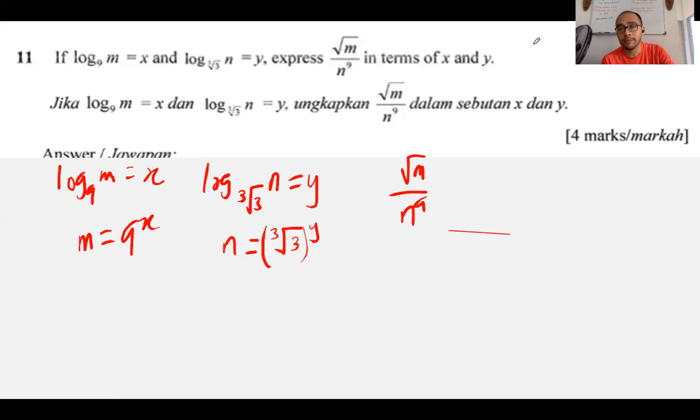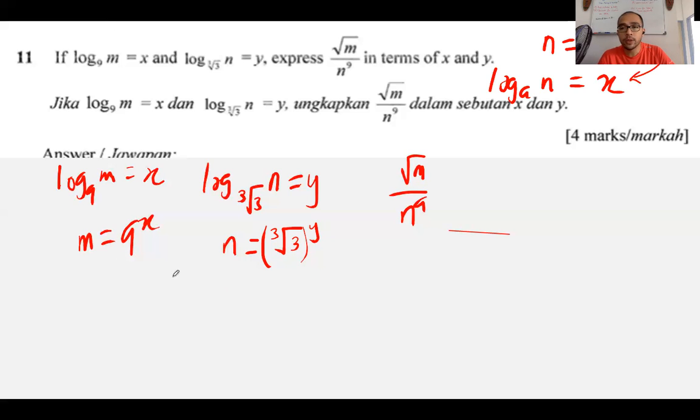Okay, just to imbas kembali, n equals to a to the power of x. So this is index form. Log form will be log a n equals to x. Okay, pertukaran antara ini dan ini ya. Mesti kita kuasai. And this is not in the formula. Tiada dalam senarai formula, mesti kamu tahu. You have to know this by heart. If you don't know this, then memang soalan ini out sudahlah.